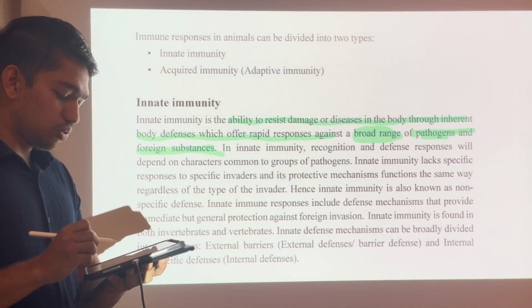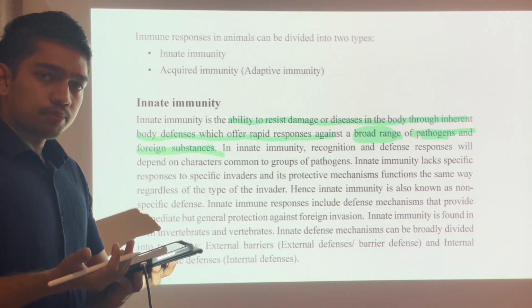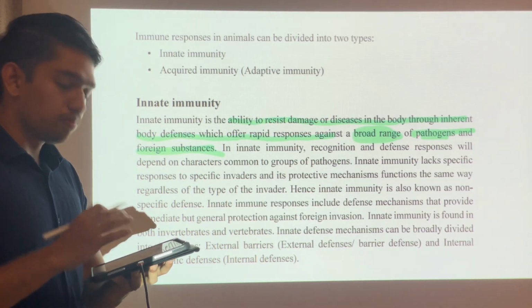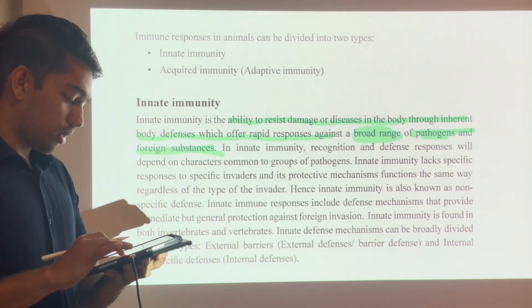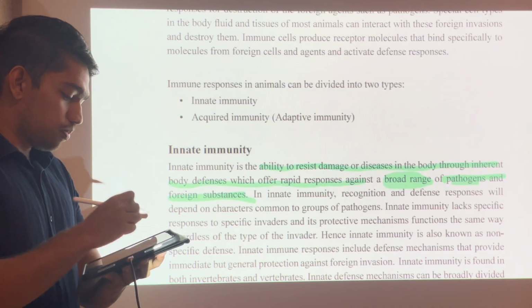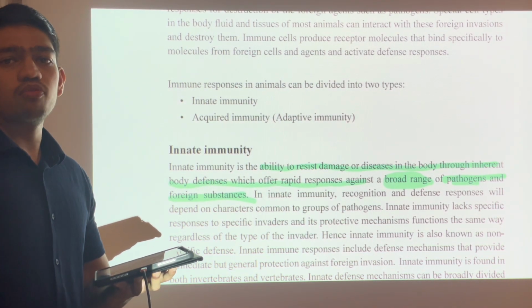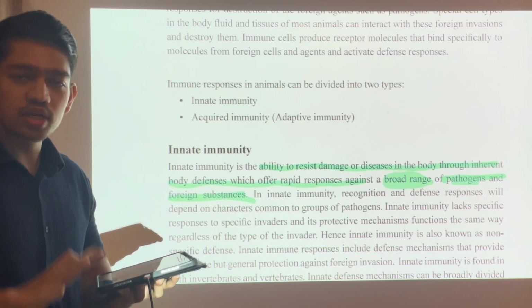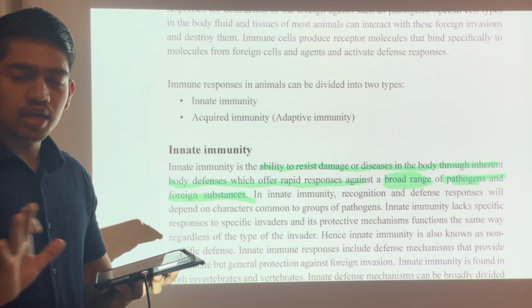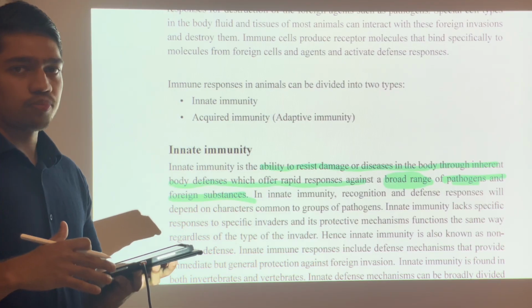So what I need you to put into your minds is this term broad range of pathogens, right? So because of this broad range, this innate immunity is sort of a jack of all trades. It's going to give you a general protection against anything that is foreign to your body, right?